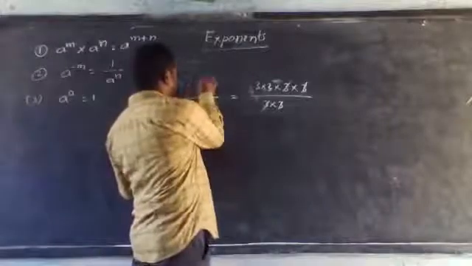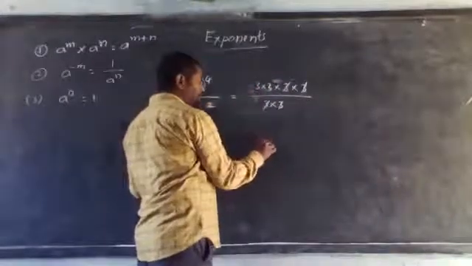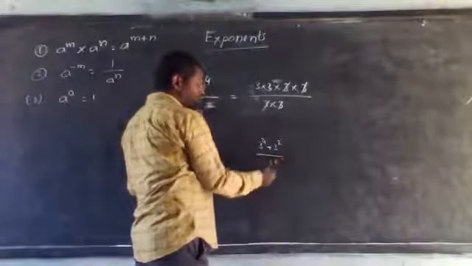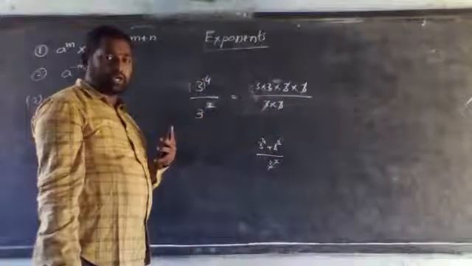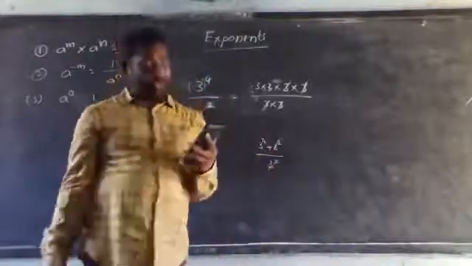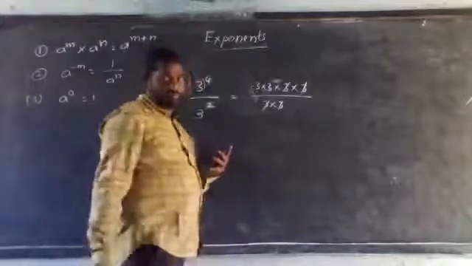For example, 3 to the power of 4 plus 3 to the power of 2, by 3 square. Here there is no chance to cancel these two. Why? Because these are two terms.